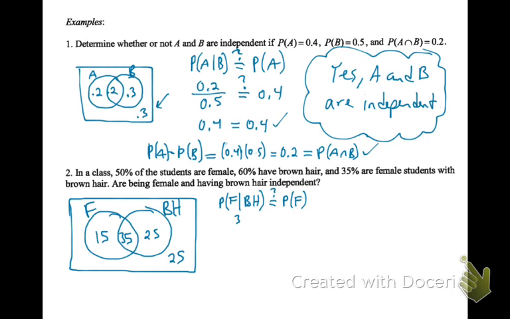So the intersection is 35 divided by brown hair, which is going to be 60. Is that equivalent to, now notice we're dealing with probabilities, right? So this is going to be between 0 and 100. So probability of being female is really 0.5. Okay.